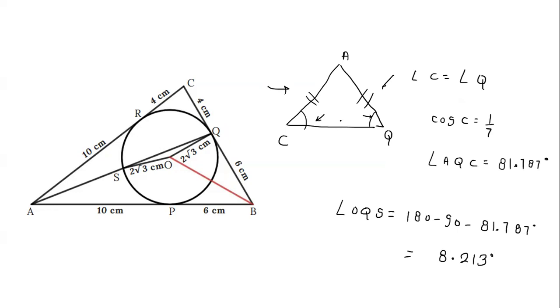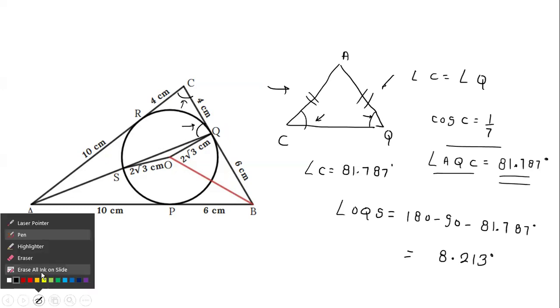So both these angles will be the same. And we know cos of C is 1 by 7, so we can calculate the angle C. It will come as 81.787 degree. And whichever be the value of C, it will be same as this angle AQC. So this angle AQC will also be the same, and it is equal to 81.787.